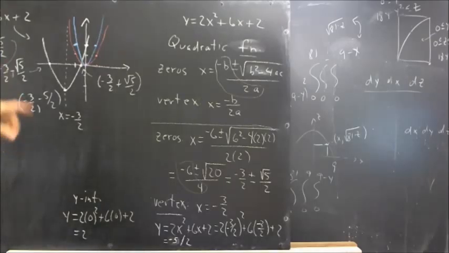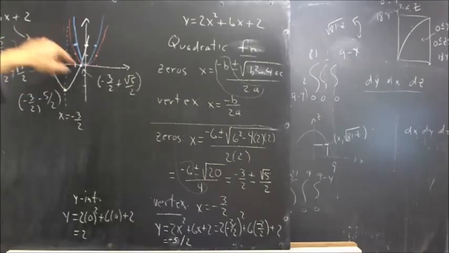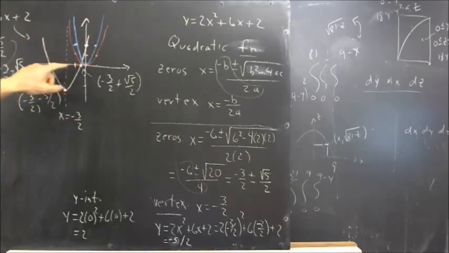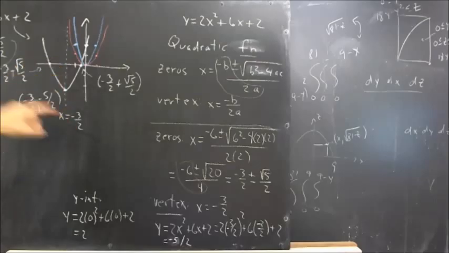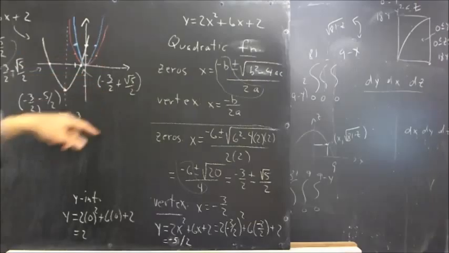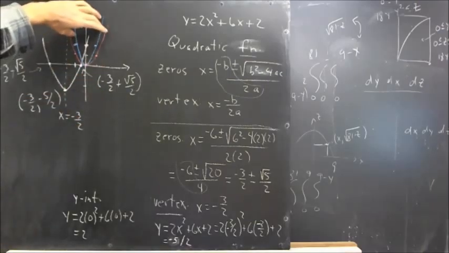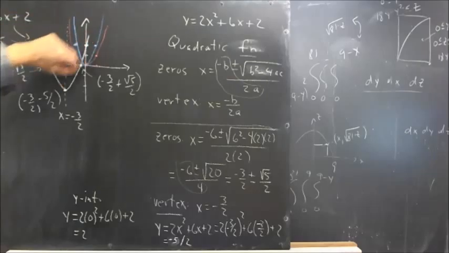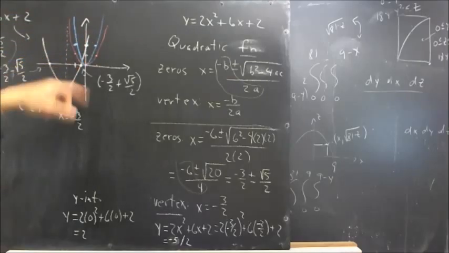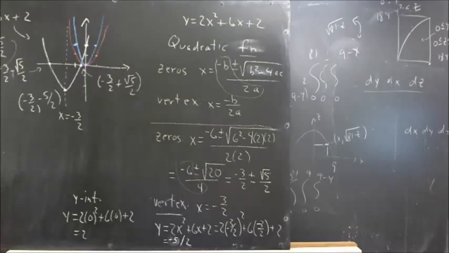Okay, because it's a vertical stretch by factor 2 on the y equals x squared graph, and then a shift to the left by 3 halves unit. So we replace x by x plus 3 halves, and then down 5 halves of a unit to negative 5 halves. So we could take this blue picture and move the vertex over to here, and we would get a picture of the graph of this function.